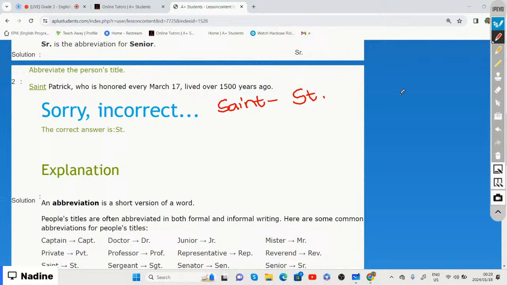So this is how we write saint in abbreviation form. We capitalize the S, T is lowercase, and we have a period.